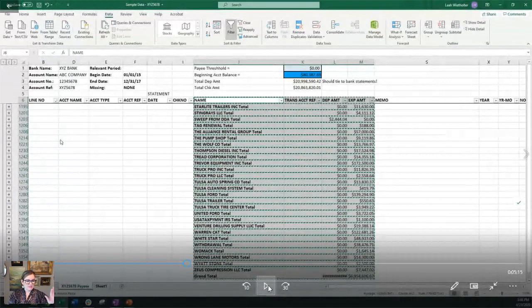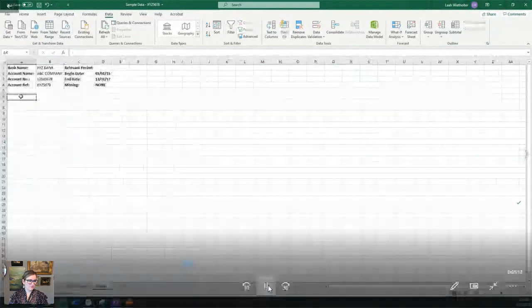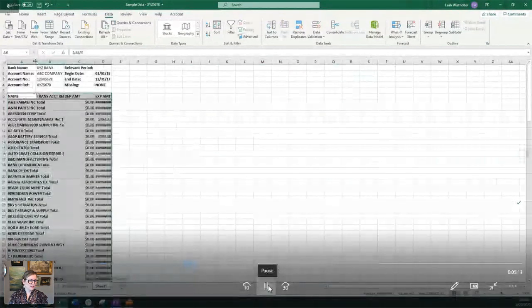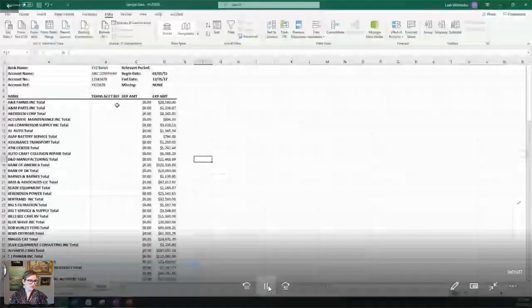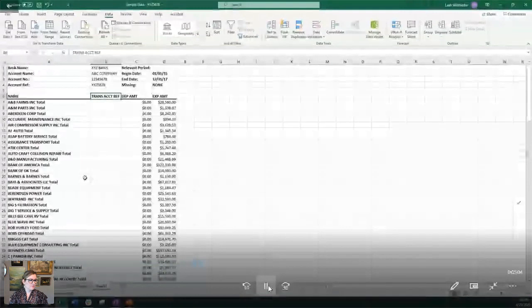So I selected everything, collapsed all the columns you see here, and then I go to Control-G, which allows me to select, with a special function, all visible cells. Then I hit copy, and I can paste to this other spreadsheet, which gives me just those summarized totals and amounts.